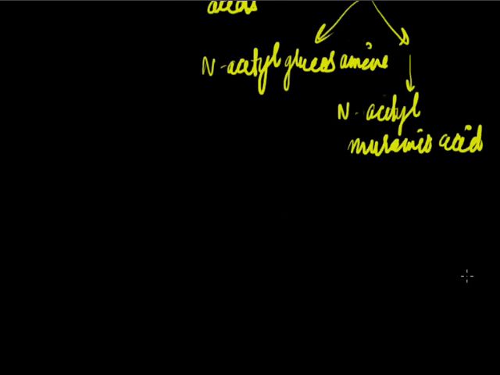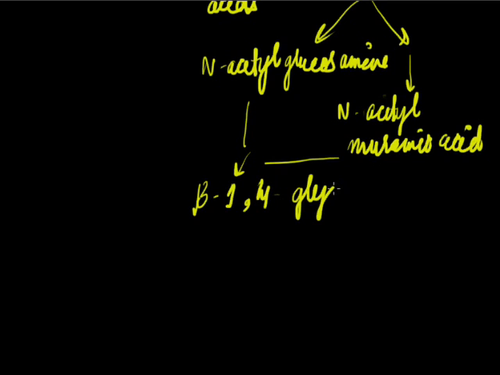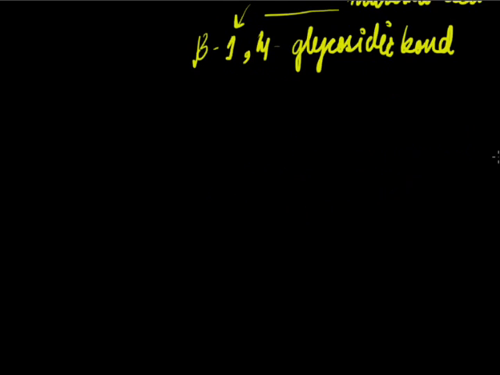These two sugars are bonded by a bond known as beta-1,4 glycosidic bond. On the basis of the cell wall, the bacteria have been divided into two groups, gram-positive bacteria and gram-negative bacteria.